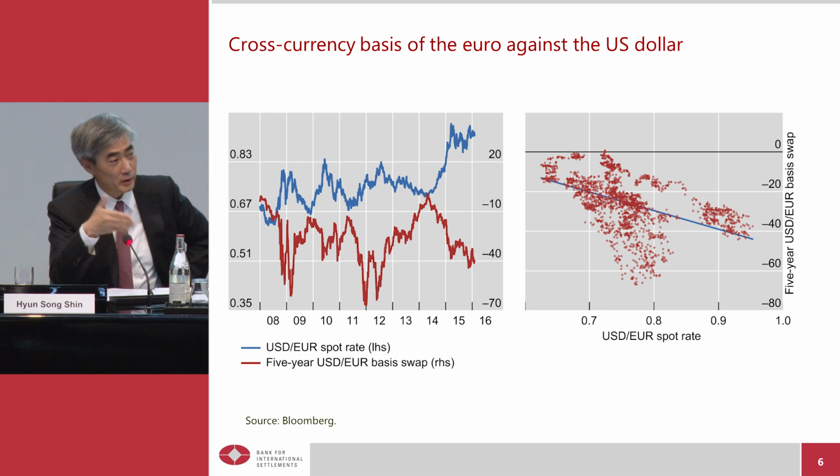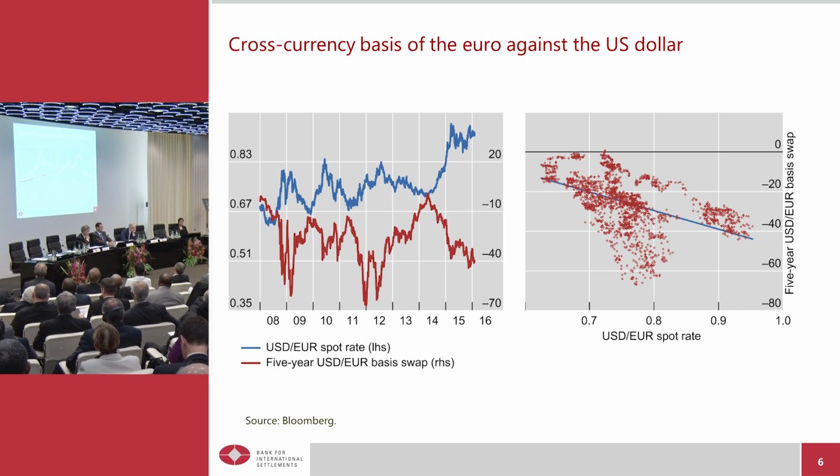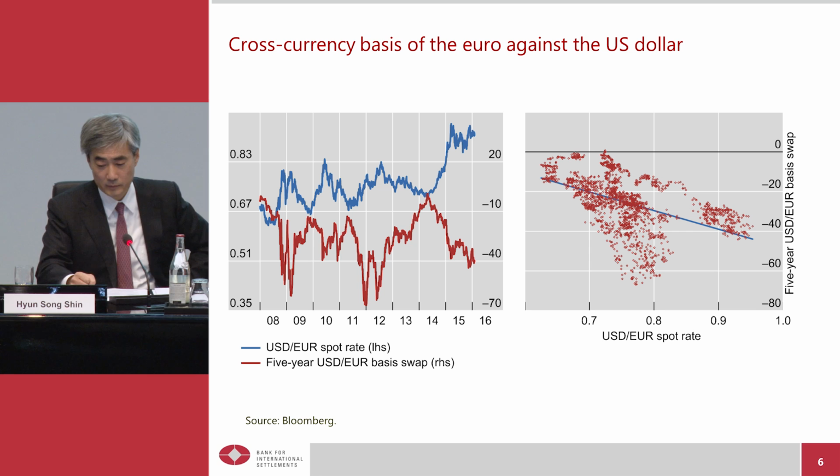And when the blue line goes up, this is when the dollar strengthens. And I've also plotted in red the cross-currency basis of the euro vis-a-vis the dollar. And again, you see this very striking symmetry, reflected symmetry, where when the dollar strengthens against the euro, we see a deviation of the cross-currency basis, where you have a more severe deviation from covered interest parity.